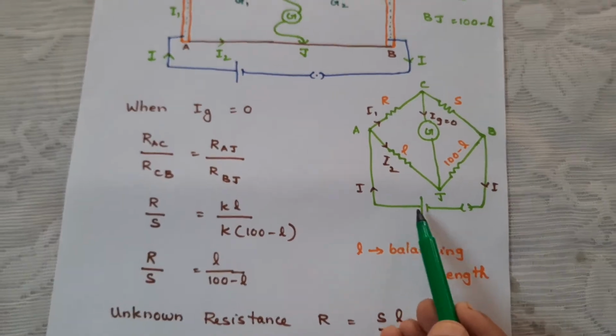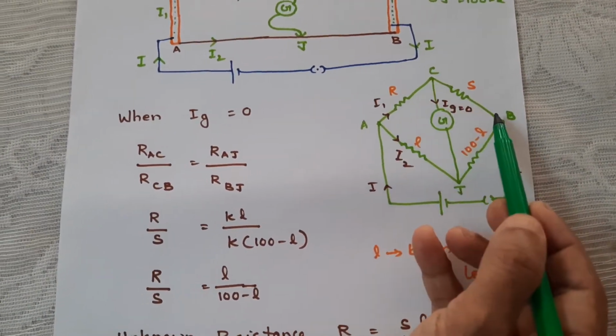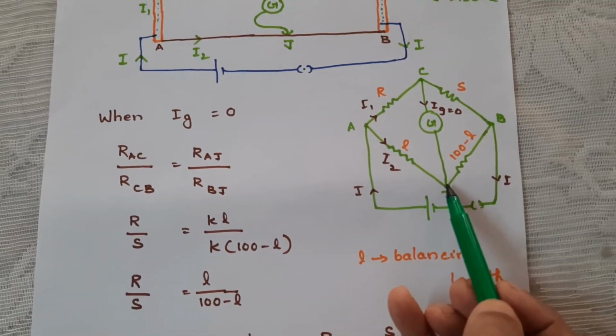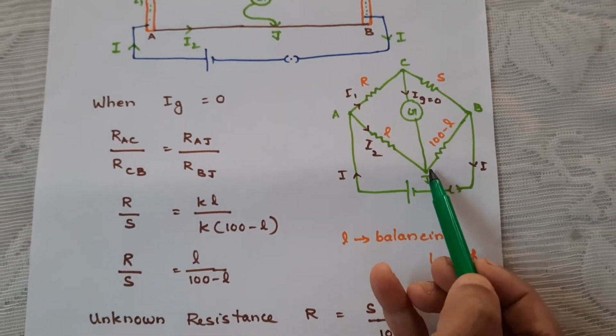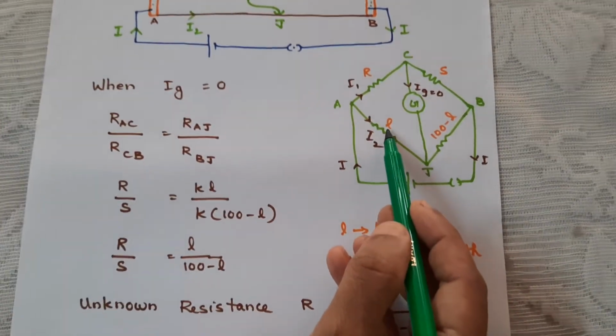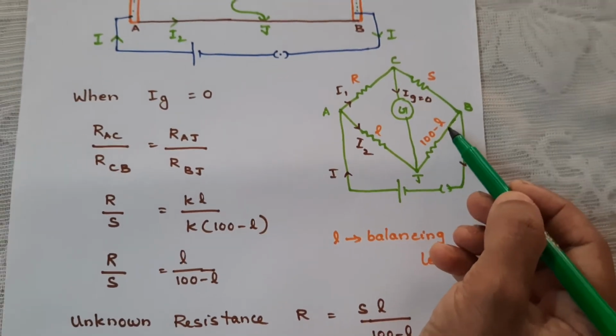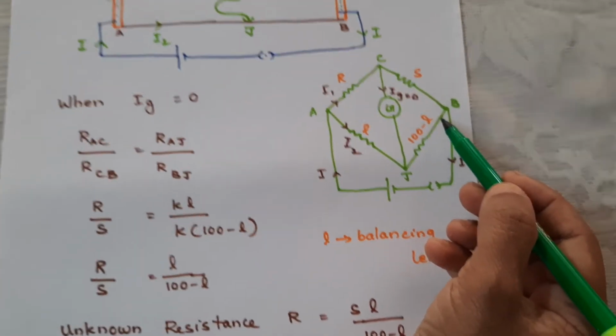So here you can see I divides into two, I1 flows through R and S, and I2 flows through AB, AJ and BJ. AJ is a resistance wire of length L, and BJ is a resistance wire of length 100 minus L centimeter.